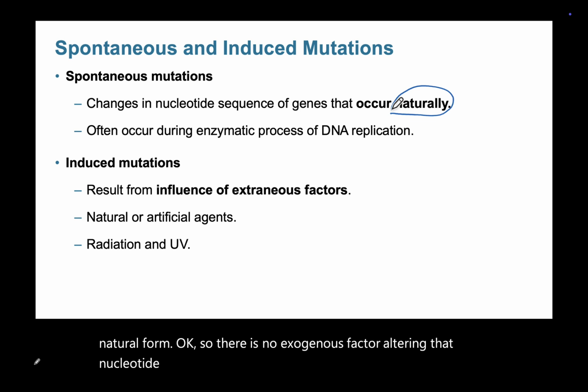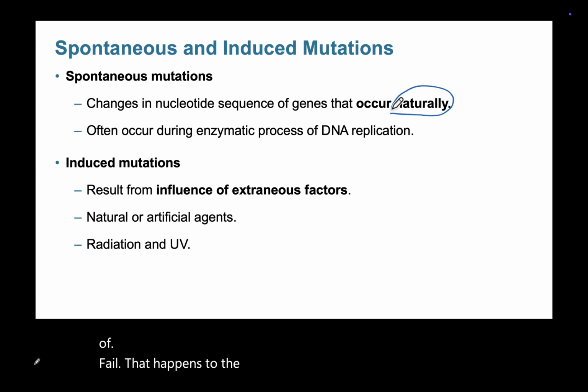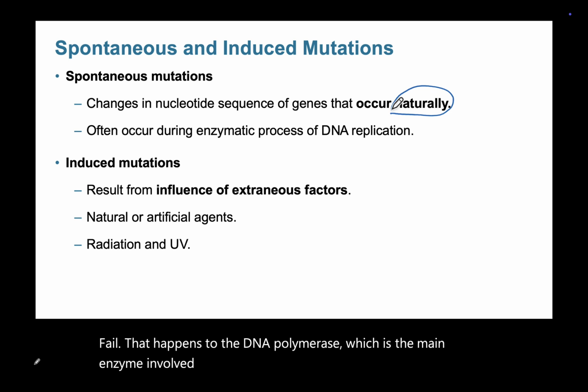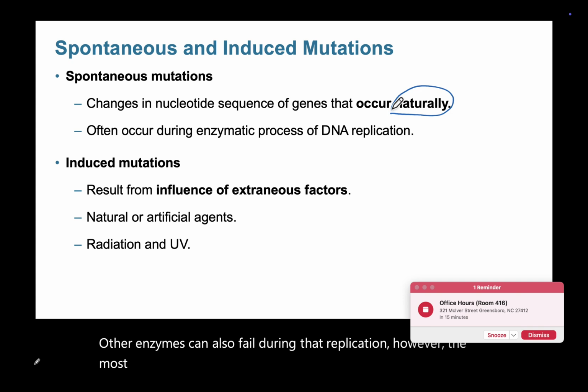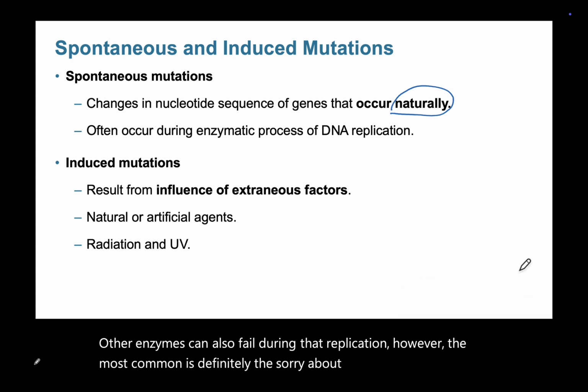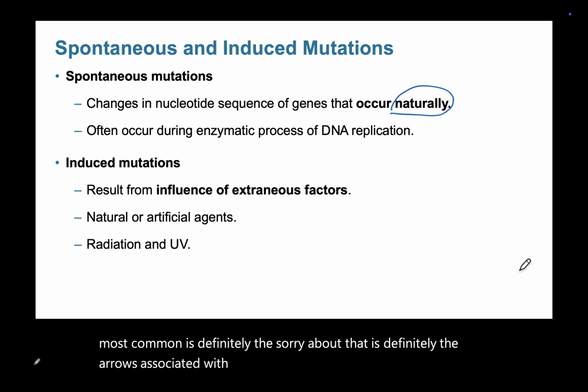Spontaneous mutations often occur because of a failure of the DNA polymerase, which is the main enzyme involved with DNA replication. Other enzymes can also fail during that replication. However, the most common is definitely the errors associated with the DNA polymerase.